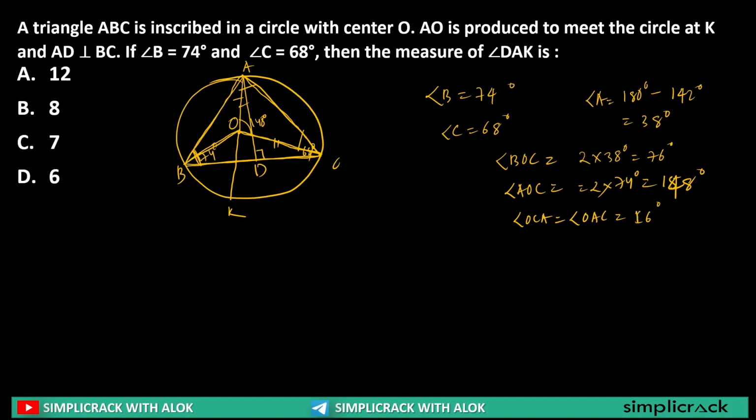Now let's understand this carefully. Here it has asked about angle DAK. I can write DAK is equal to the whole angle A, or BAC, minus OAC minus DAB, because this whole thing will be repeated and we'll find out this whole angle.